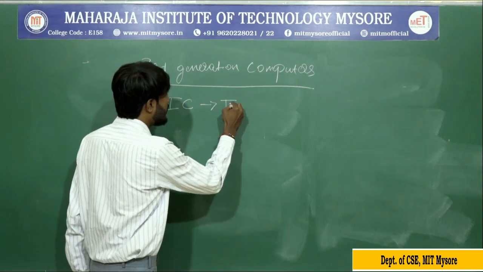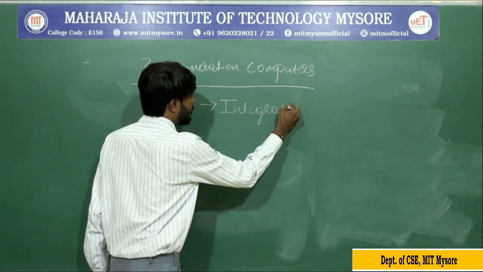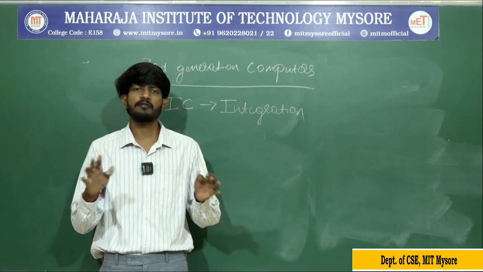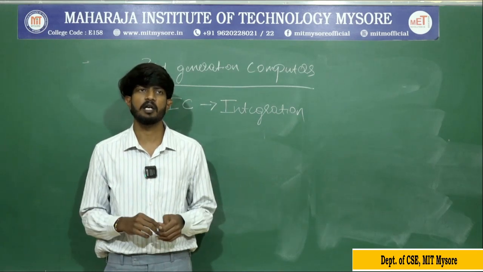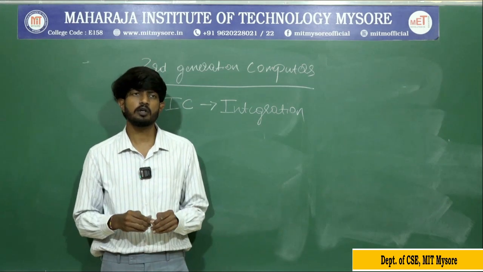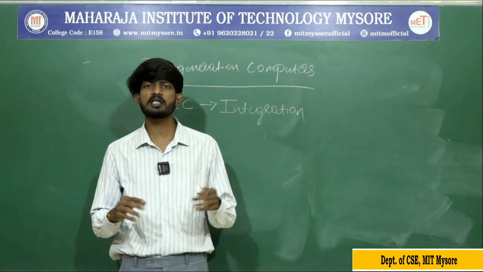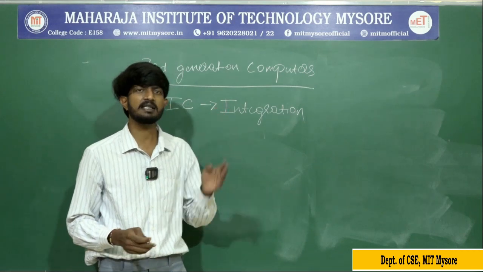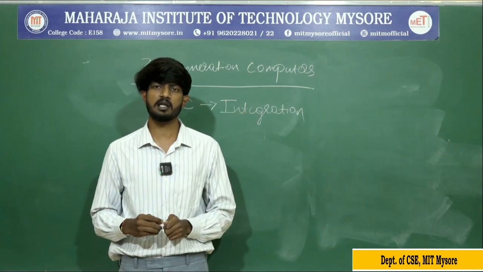This integration made hardware and software separate, so that the user can pay only for the software which he wants. No need of buying all the software. He can buy only the software which he wants. This is the greatest advantage of the third generation computer.